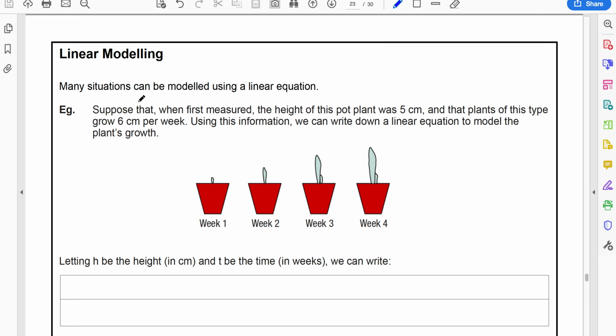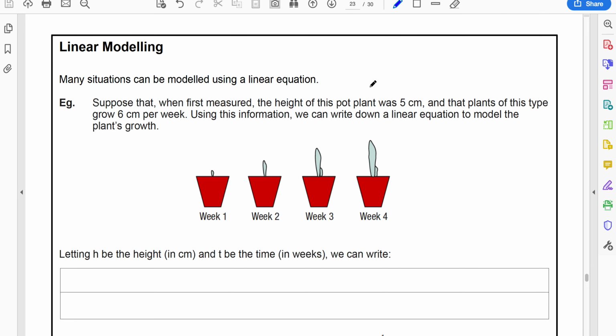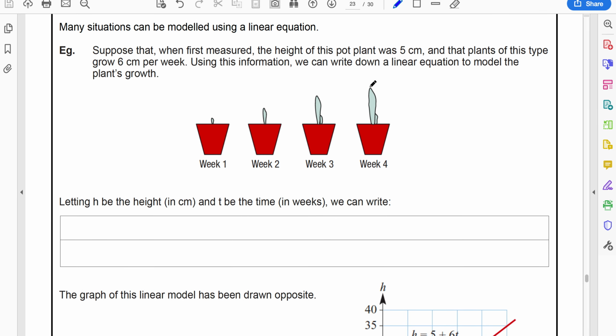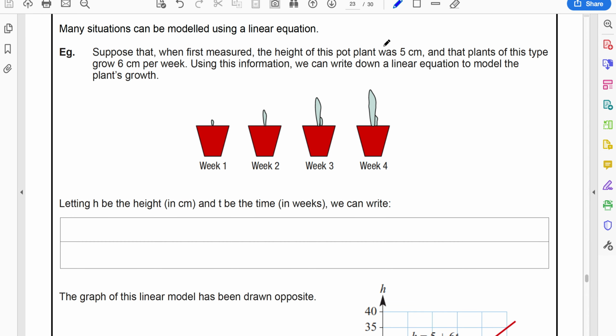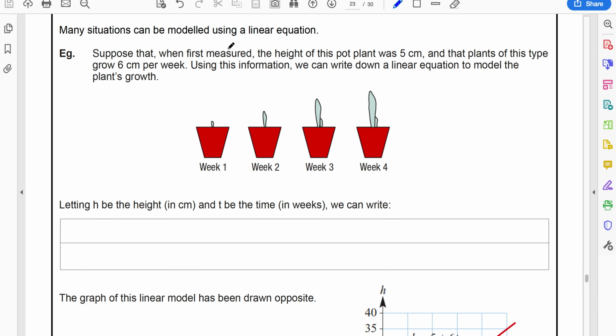So we know that many situations can be modelled using a linear equation. This first one here is to do with the height of a plant, and how it's growing over time. So we're told in the question, in the description here, that when it was first measured, the height was 5 centimeters.